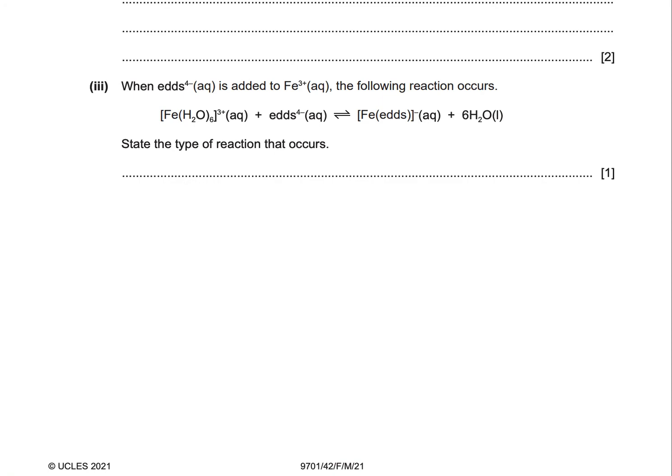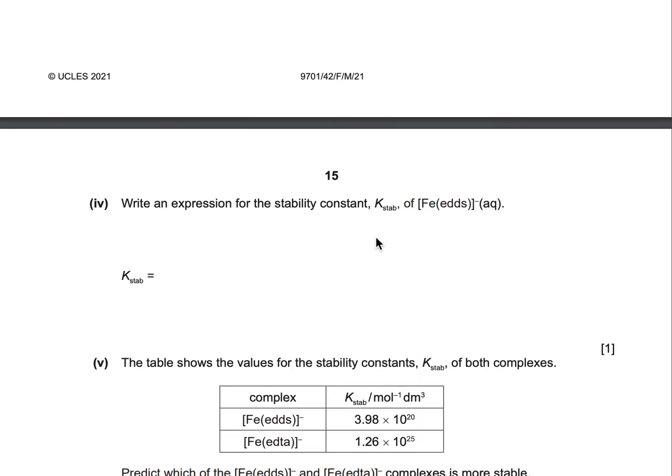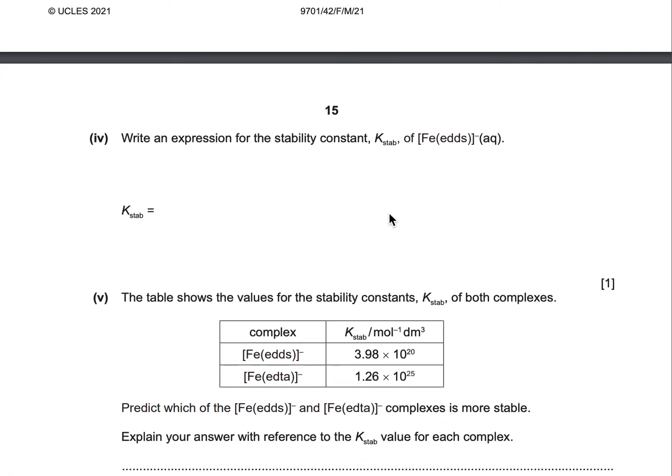So it would be Fe EDDS divided by Fe(H2O)6 multiplied in the denominator by EDDS 4 minus. And don't forget the square brackets, otherwise you'll lose marks.